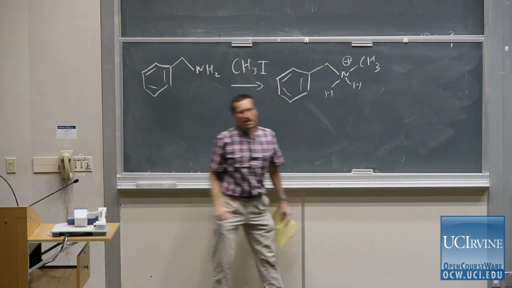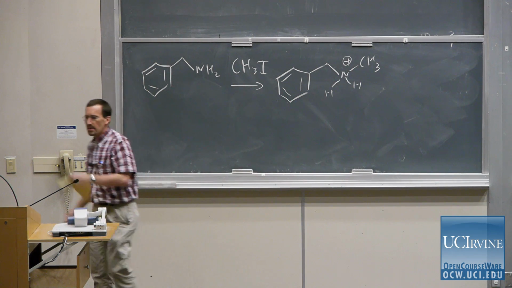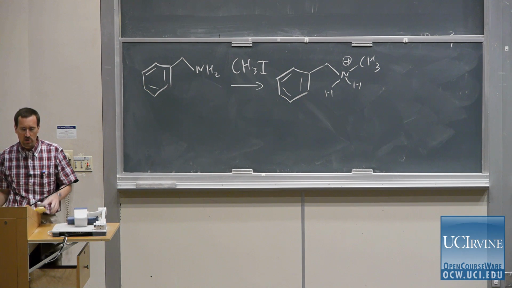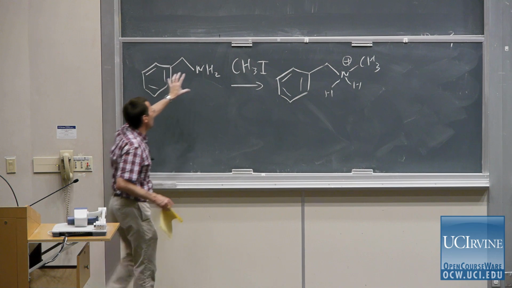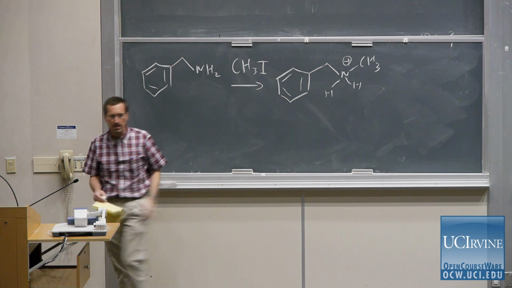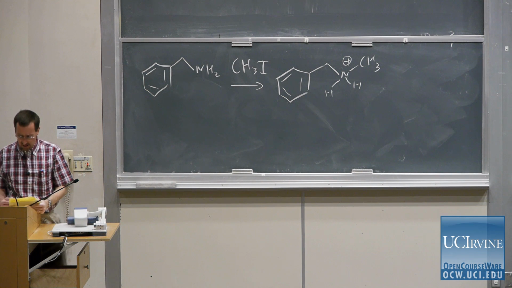And the problem is, as the monomethylated product forms by an SN2 displacement reaction, protons come on, protons go off. As the reaction's proceeding, you have amine present. And so now you have methylamine.